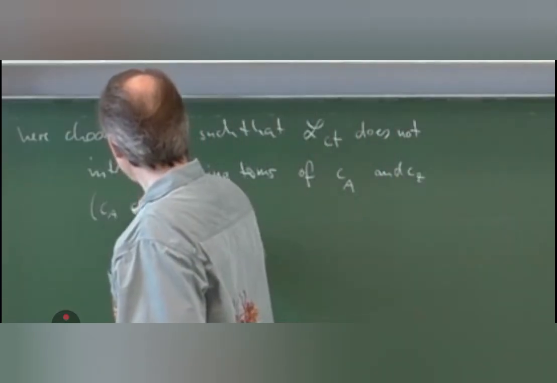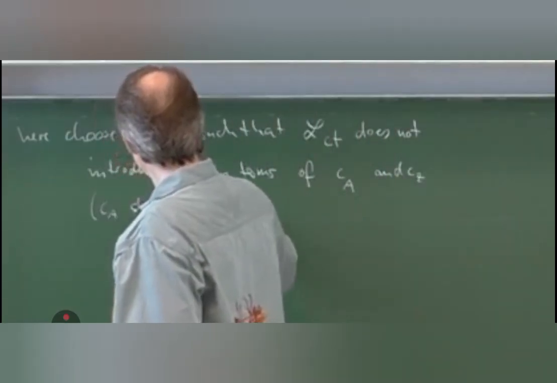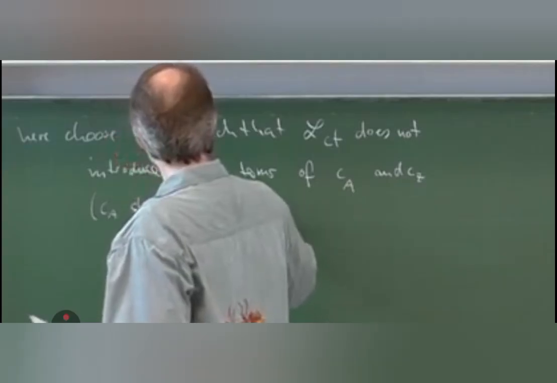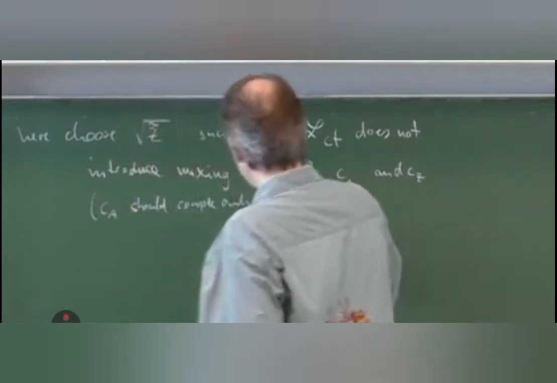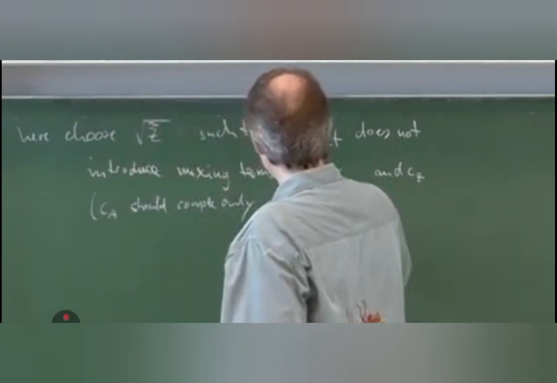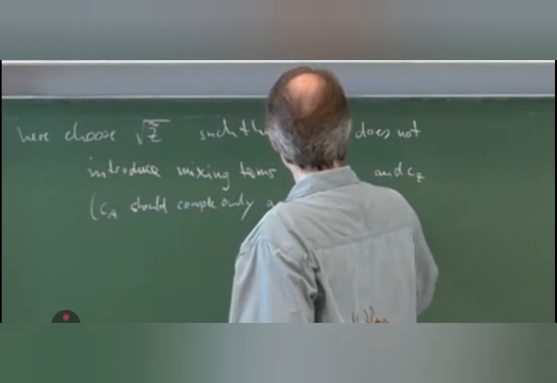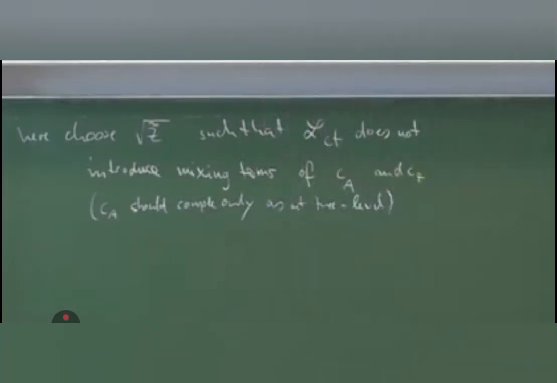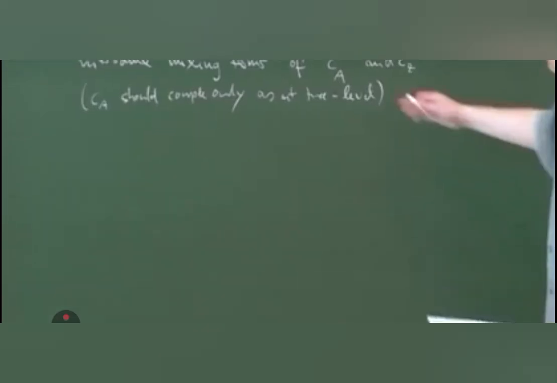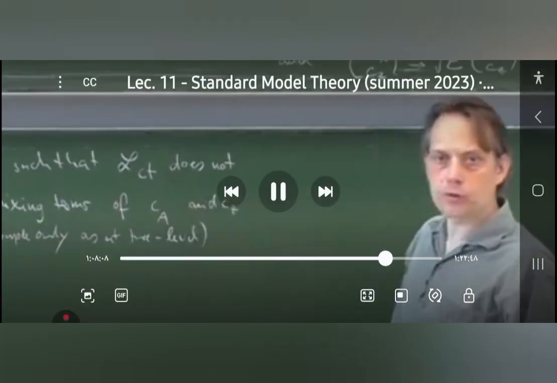So the CA should couple only as at tree level. For example, if we would calculate in terms of unrenormalized CA and CZ, that would be satisfied.